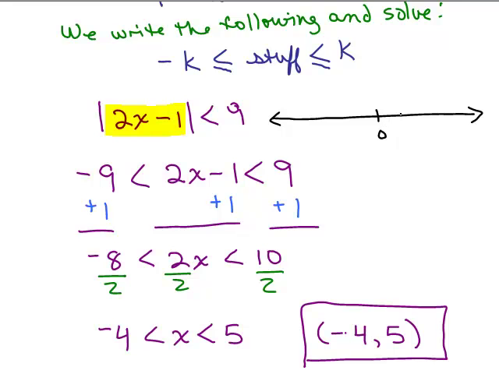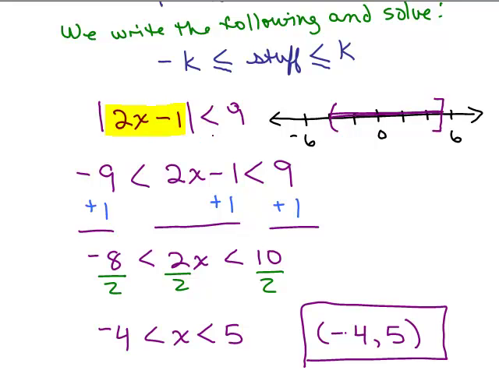How about I go by 2's? 2, 4, 6. Let's say this is 2, 4, negative 6. So what I'm saying is my solution is in between, not touching, negative 4 and all the way up to 5. So any number in this range is going to make this inequality true.